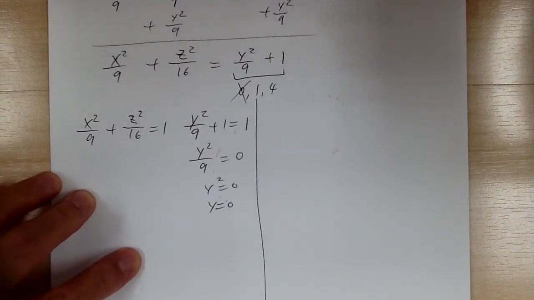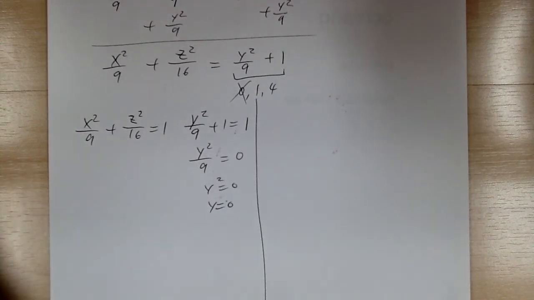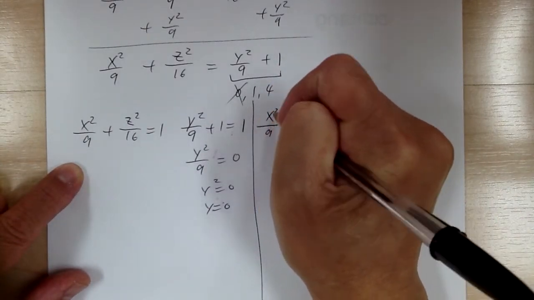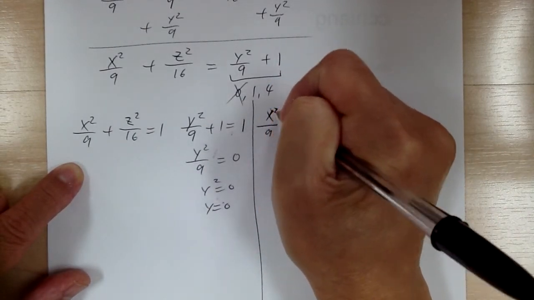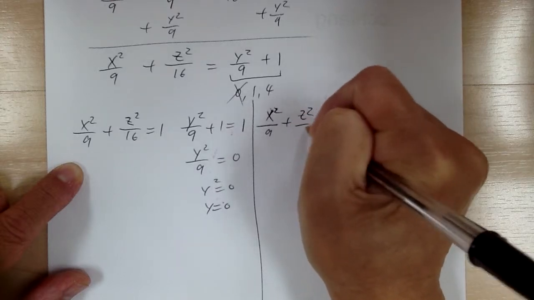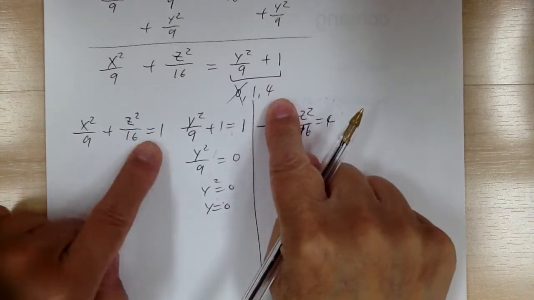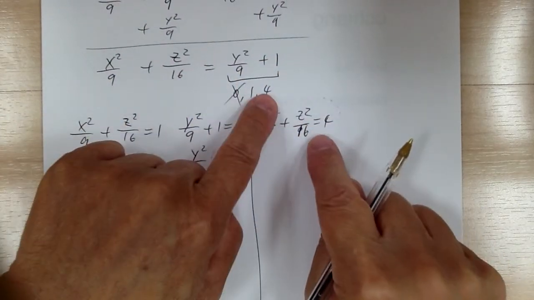Now to get the top and the bottom, you want to use the next number. So you have x squared over 9 plus z squared over 16 equal to 4. I can use the next number, so set both sides equal to 4.